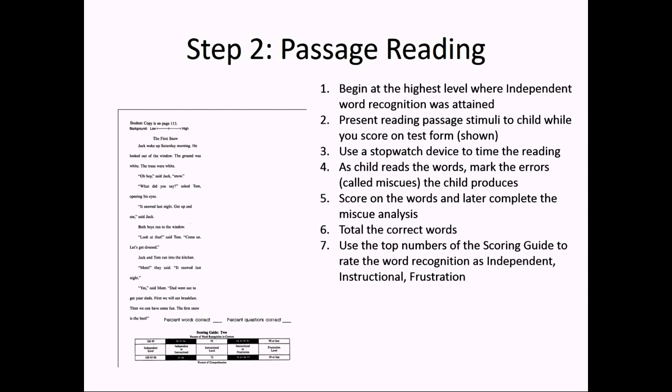It's not just the number of words, but the fluency and speed and quality of the reading. So you're going to make those kinds of judgment calls, and you're going to rate each passage for the percent of words correct and also the level that you decide to assign to it, whether it's instructional, frustration, or independent.